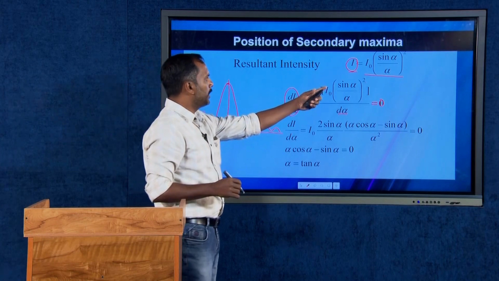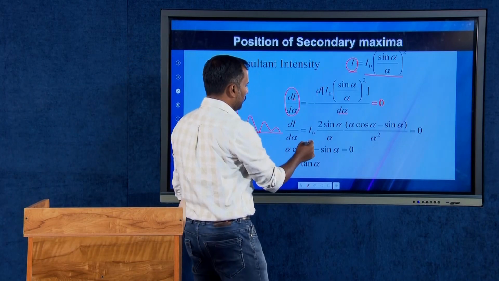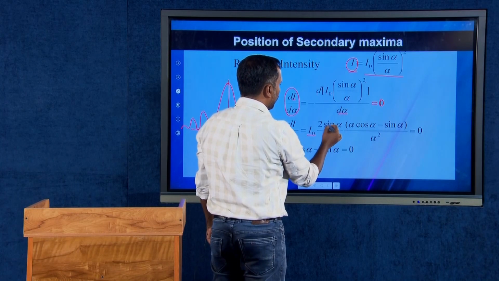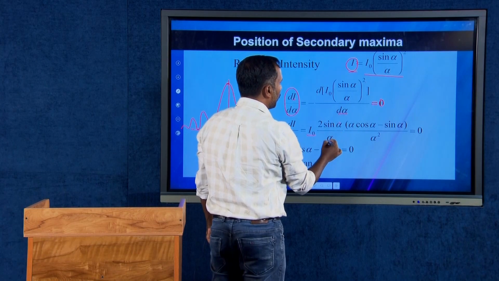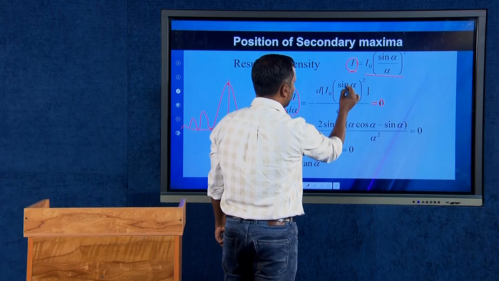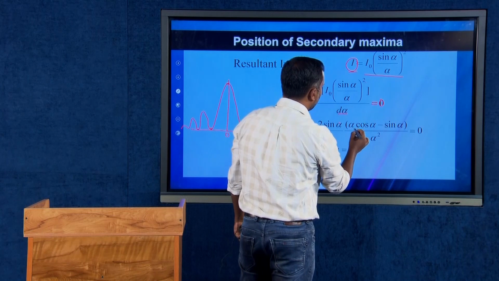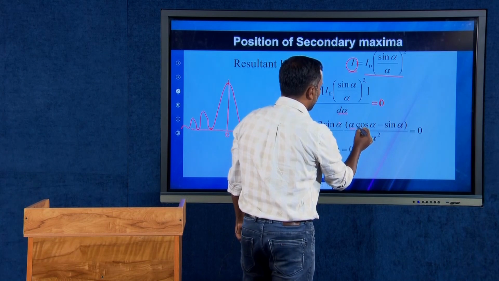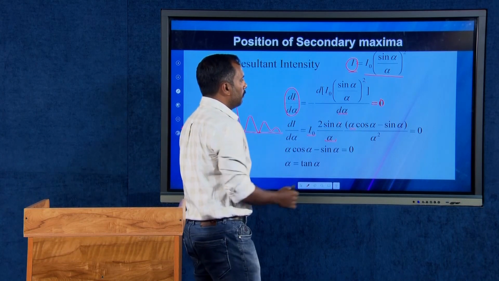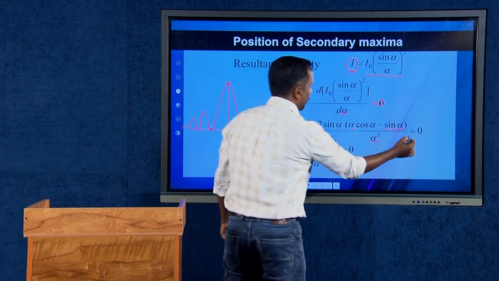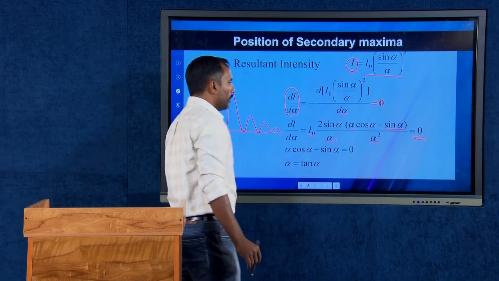So, if I am differentiating this, we will be getting I0 into 2 into sin alpha divided by alpha, and again differentiating with respect to alpha, which will give you (alpha cos alpha minus sin alpha) all divided by alpha square, and that is again essentially equal to 0.